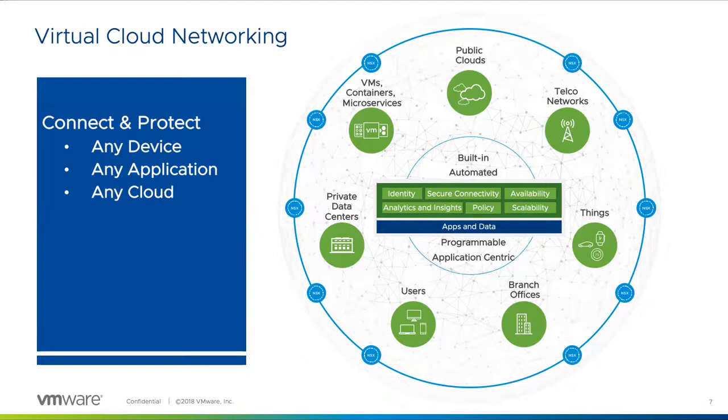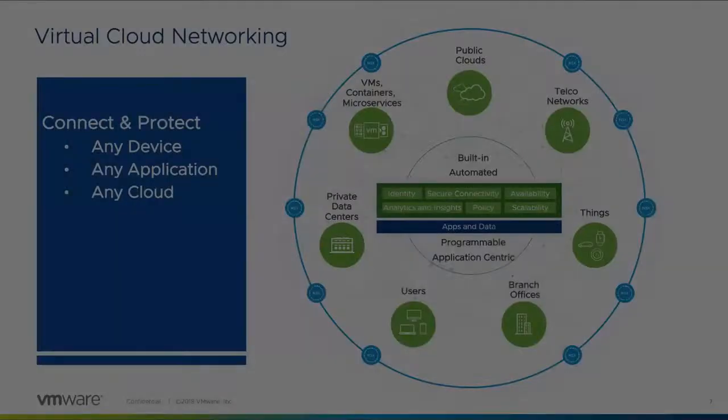That's the real reason I felt compelled to include this: how we deliver on the vision of virtual cloud networking is the complete network virtual infrastructure delivered in software, with the VMware NSX portfolio. It's a whole suite of applications. That's the key thing to note.